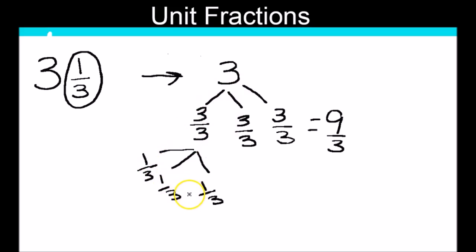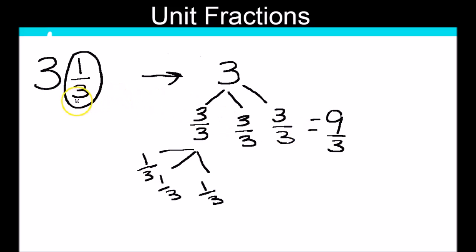So how many 1/3 are there in the whole number 3? 3 times 3 is 9, which gives the kids a better understanding of how to convert this whole number into an improper fraction.